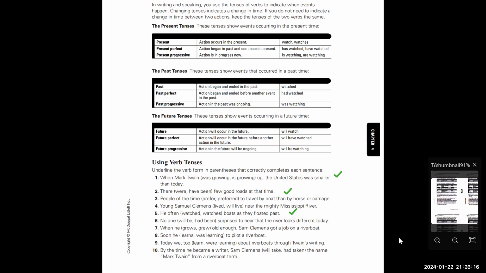So when you see it, it seems like there's two actions, surprise and hear. But when we say "to hear," it means they're still going to hear something. No one will be surprised to hear that the river looks different today. So they are still going to hear that thing.